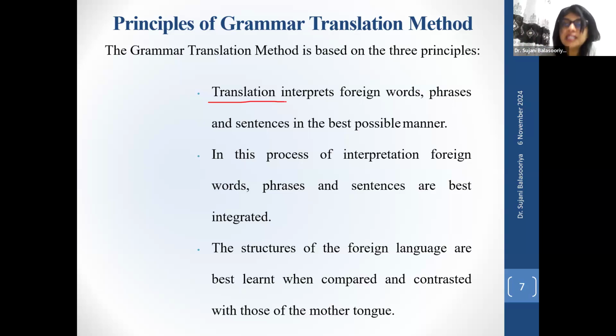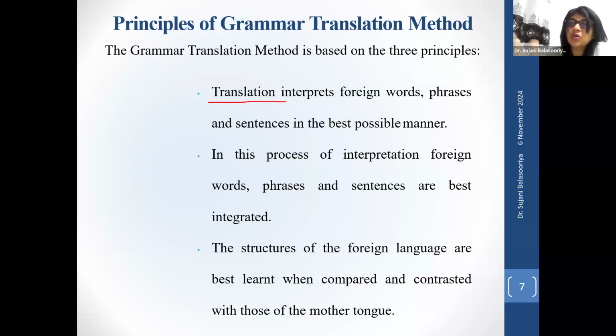Foreign here means the target language words, phrases, or sentences in the best possible manner. This is a kind of principle, an assumption, where the translation is interpreting these target language elements like words, phrases, sentences correctly in the best possible manner. Correctly. That is one assumption.